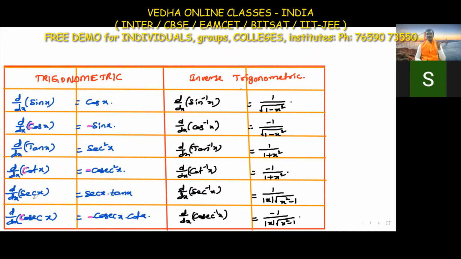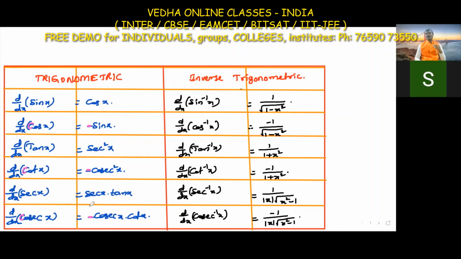Again, the same. Next, d by dx of cosecant x equals minus cosecant x into cot x. Again, d by dx of cosecant x equals minus cosecant x into cot x.